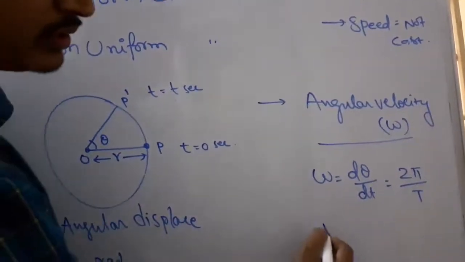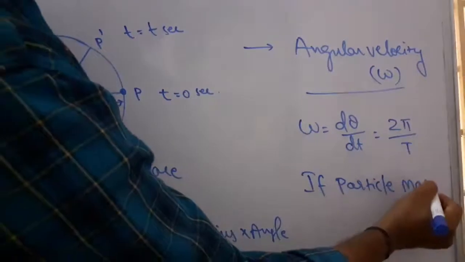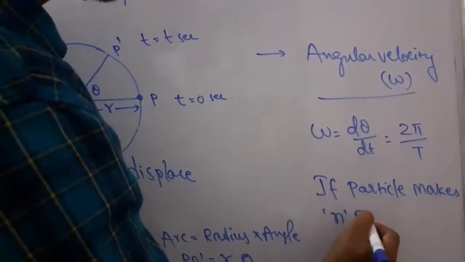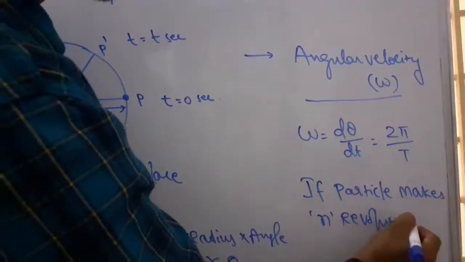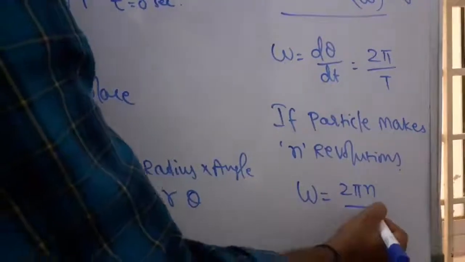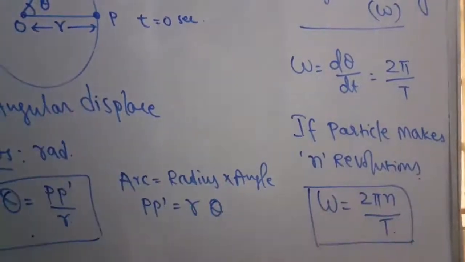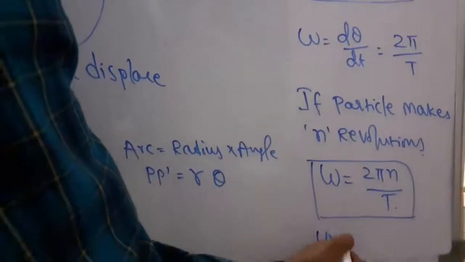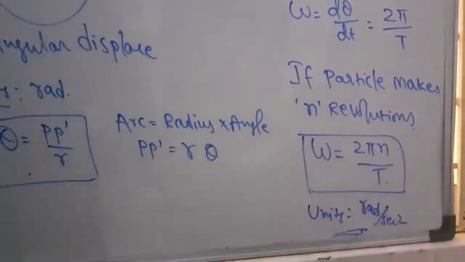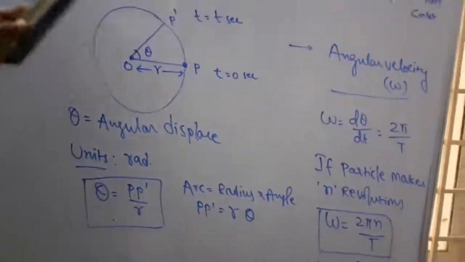If the particle makes n revolutions, then angular velocity is equal to 2 pi into n divided by t, where n indicates the number of revolutions made in time interval t. The unit is radian per second.